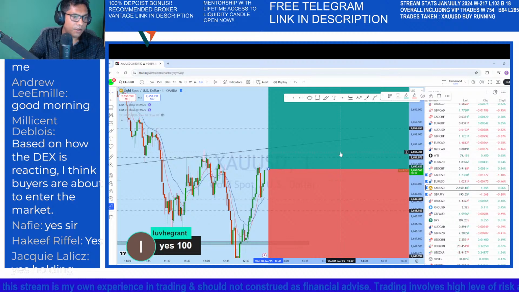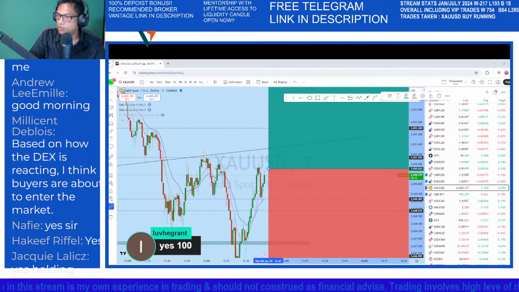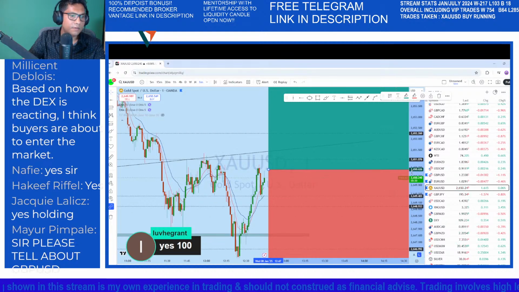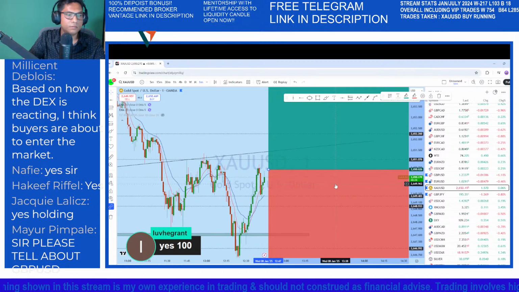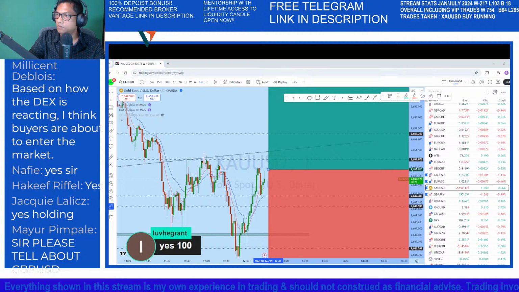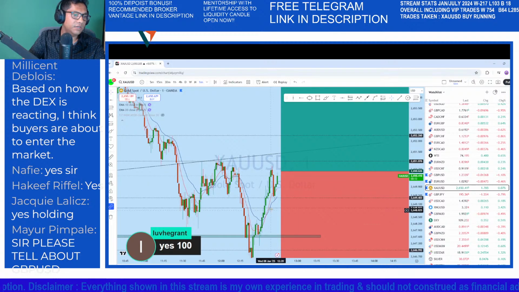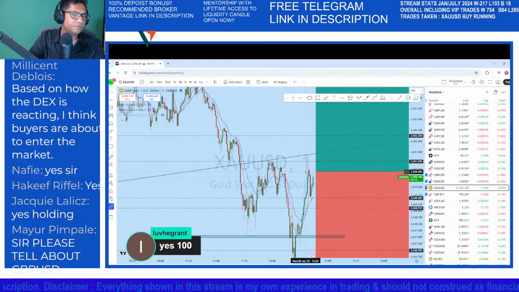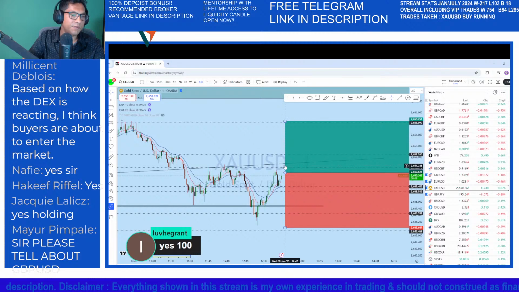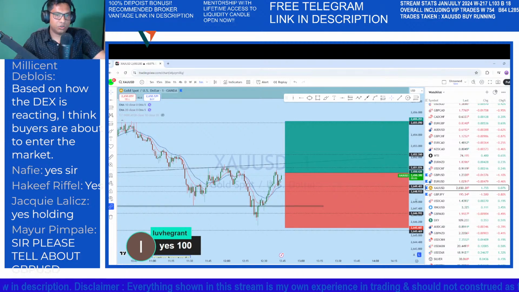Now okay, so you see it had a bounce here. Right, so that is where, because it has made that reversal pattern, I will still be expecting it to go up and hit that 2652 level.